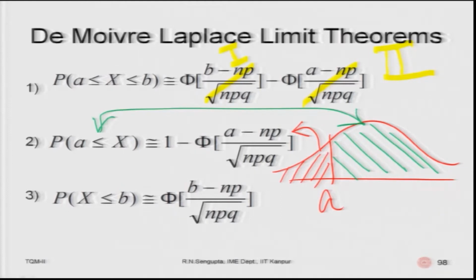Now, if I want to find out, as A tends to minus infinity, the probability of x less than B, again the same distribution I will draw. This is B. So, the area being given here, I need to find out the area here.